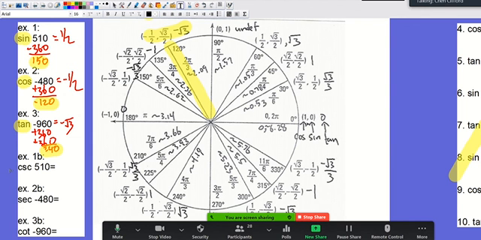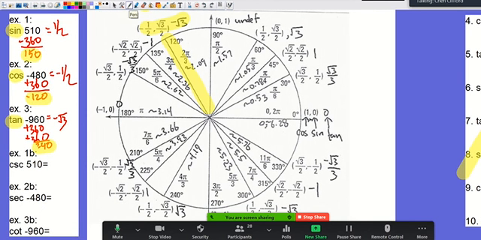So if they were to ask you for these values right here, 510, negative 480, cosecant, all you have to do is take our answers. If they're asking you for cosecant of 510, find sine of 510 exactly like we did, and just flip it to get 2 over 1.